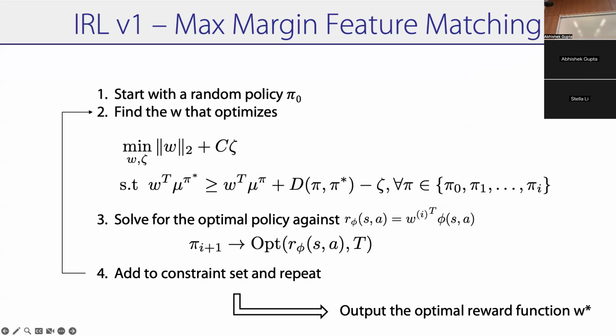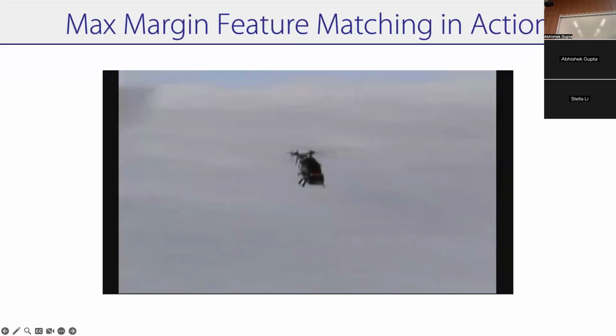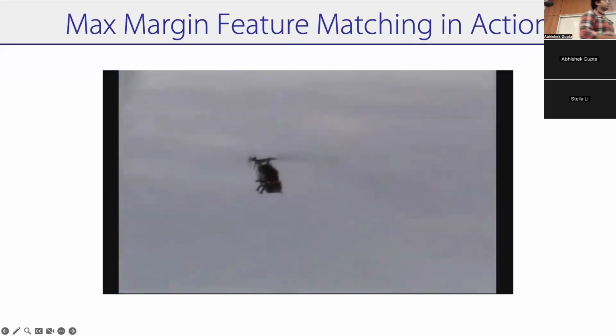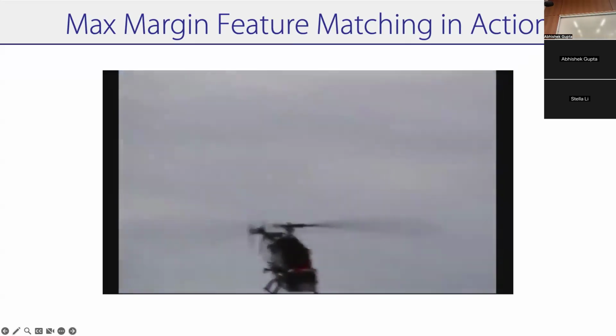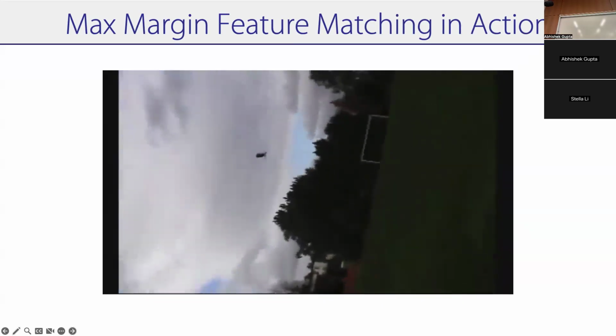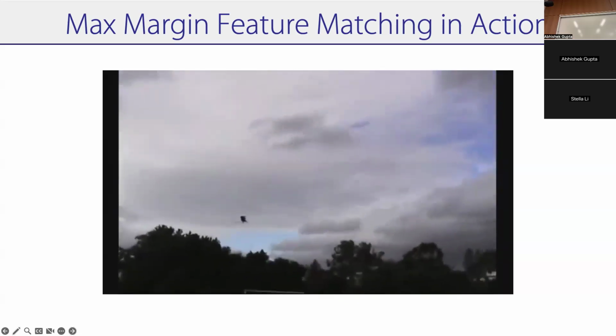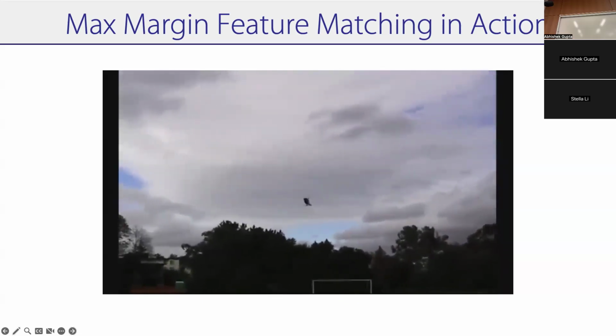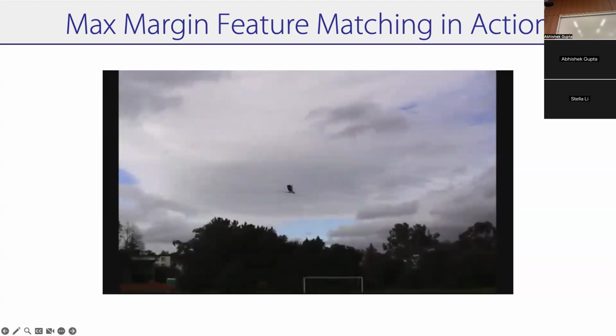So the result of this procedure is an optimal reward function and a corresponding optimal policy. And here are some videos showing this in action from my PhD advisor back in like 2005 or something. They're doing apprenticeship learning, which is inverse RL, at Stanford with this helicopter doing tricks.